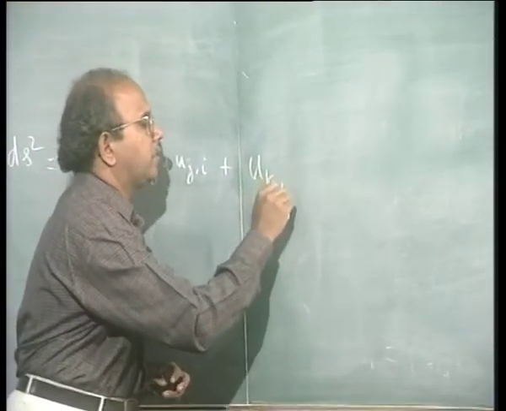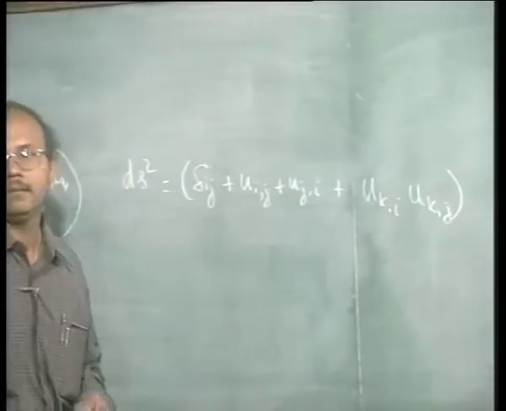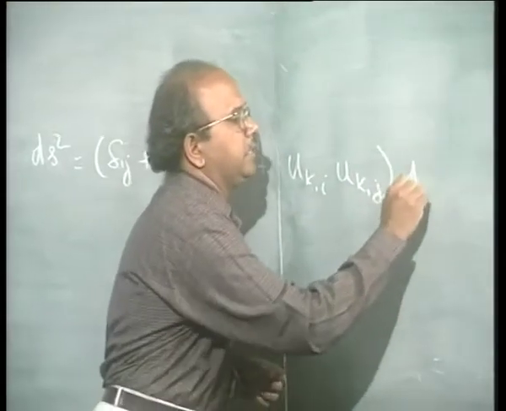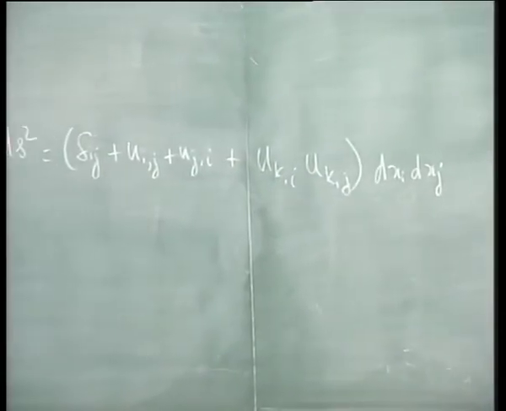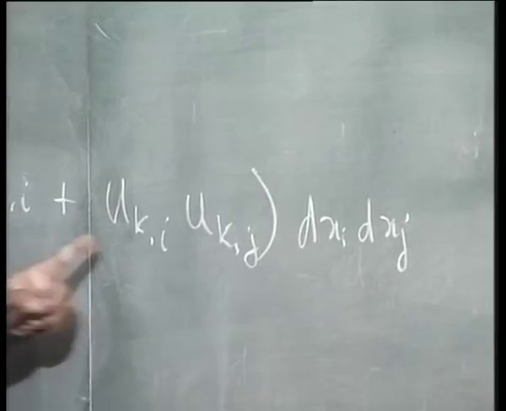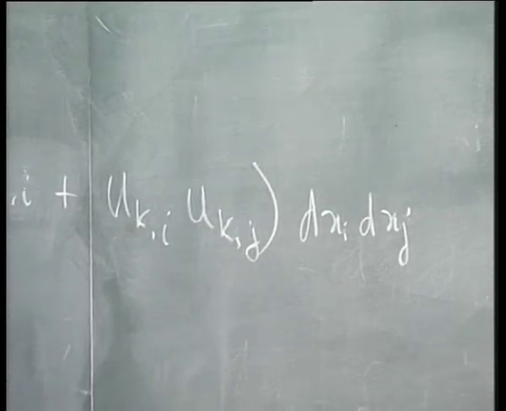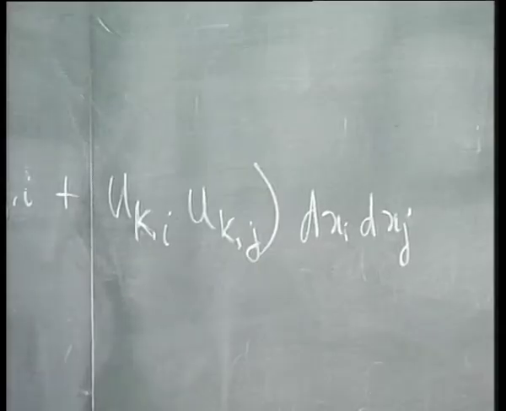Note this carefully, k comma i, k comma j. Now, this term means that there is a summation in k, obviously you know that. Is it clear?